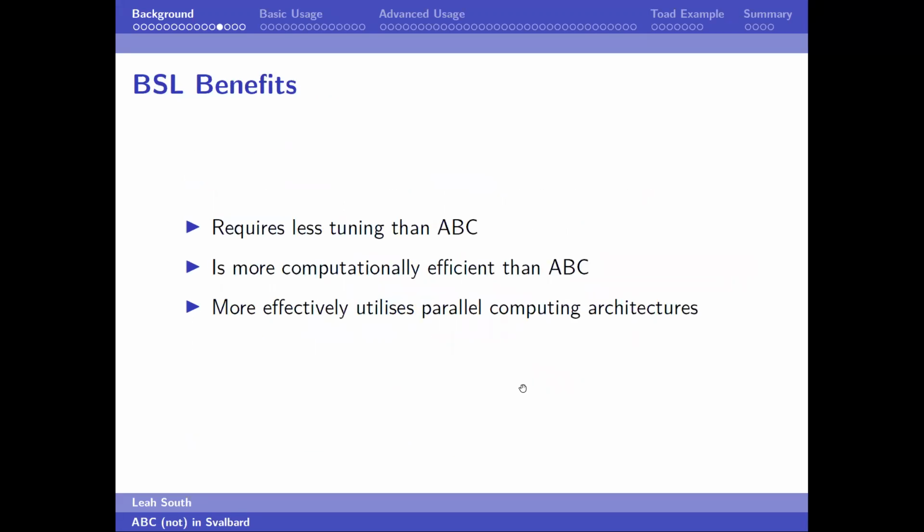You can put that into MCMC, and that's just the way you get the likelihood for a single proposal. The benefits are that it requires less tuning than ABC. It can be more computationally efficient than ABC in certain settings, and it can more effectively utilize parallel computing architectures.